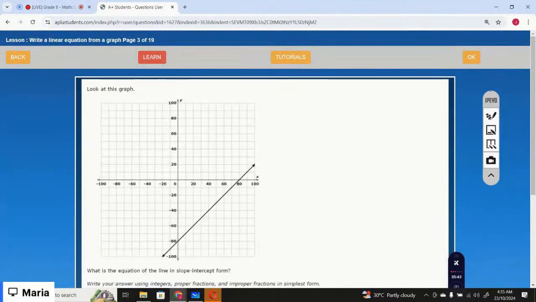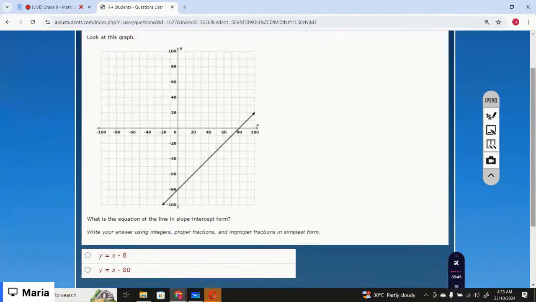Okay, the next one is look at this graph. What is the equation of the line in slope-intercept form? So which is the correct option? Option 1 or 2?